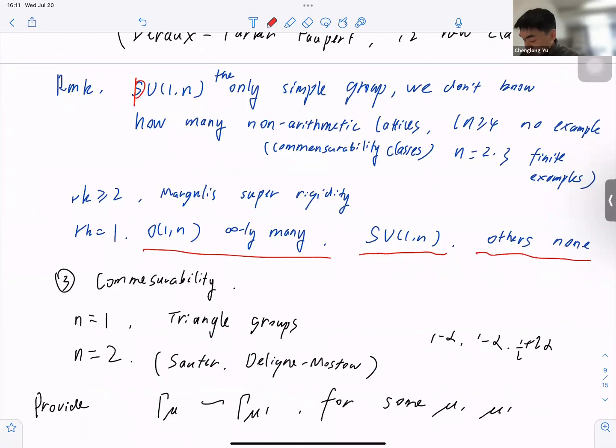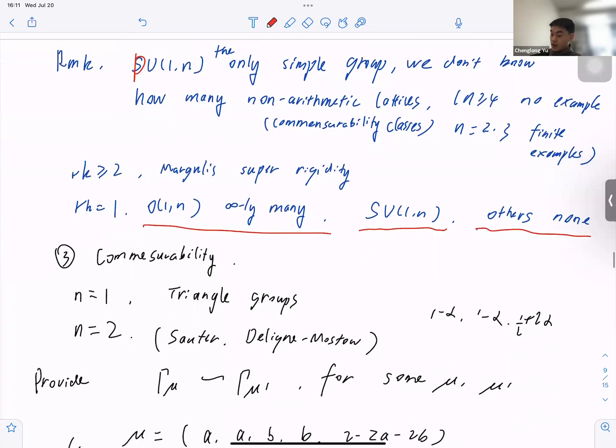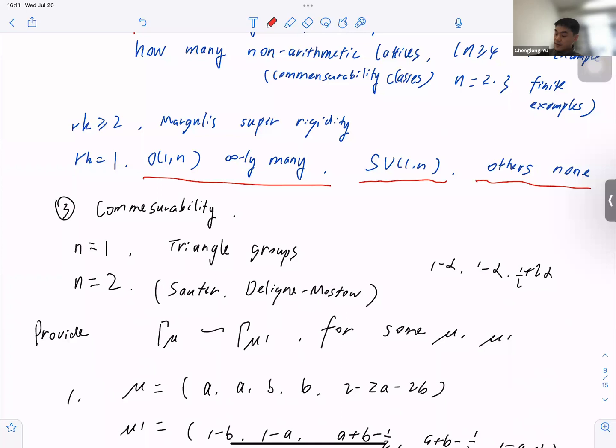So the last question, and also related to the results I want to report today, is about the commensurability classification of those groups. For n equals 1, again, it was done by Takeuchi for triangle groups. And for n equals 2, there are some results by Sauter, Deligne and Mostow.